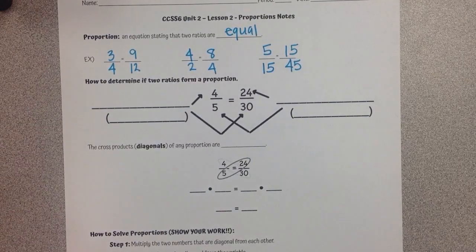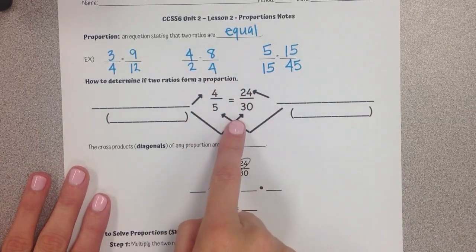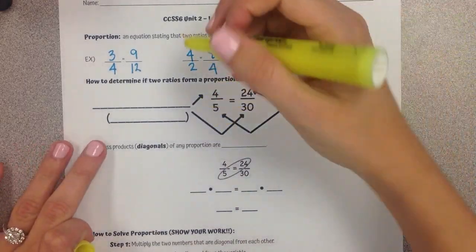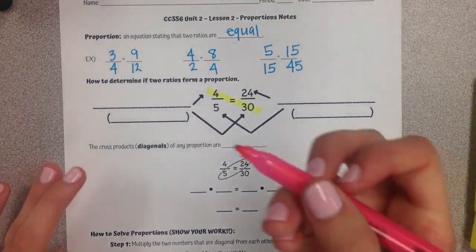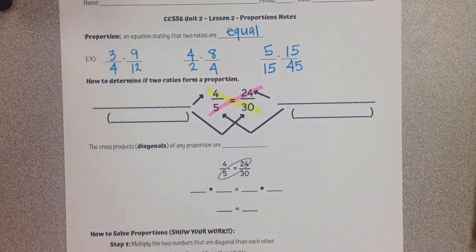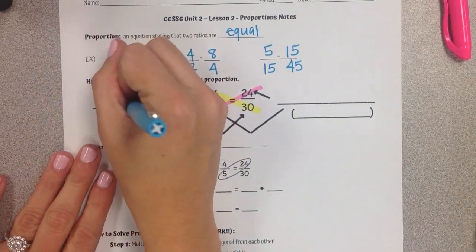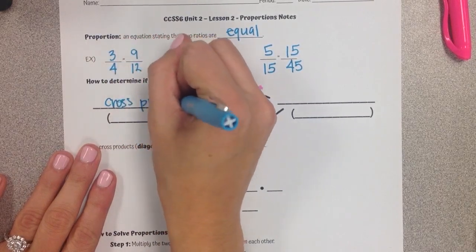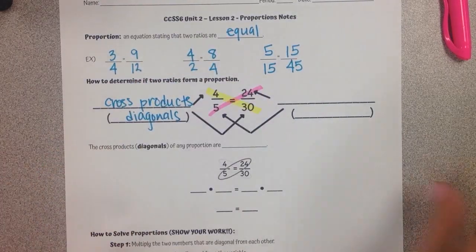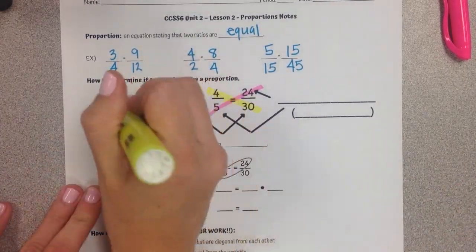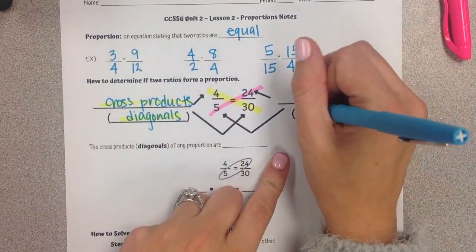How are we able to do that? Well, if we have this set up that we say this ratio is equal to that ratio, and this forms a proportion, I want you to highlight your diagonal. So if we have one diagonal here, and we have another diagonal here, okay? These are what we call our cross products, or you might hear me refer to it as diagonals. So this right here is one of our cross products or diagonals, and this one in pink is another one.